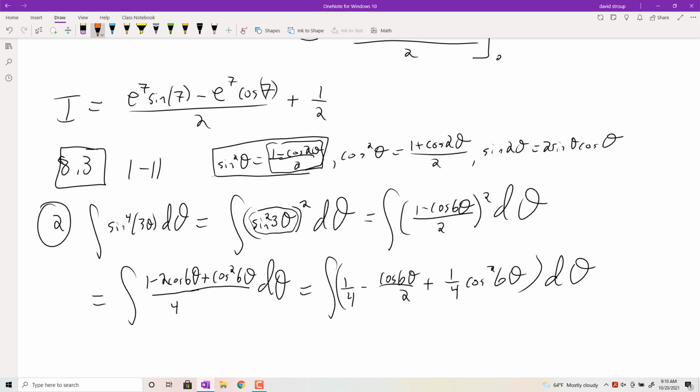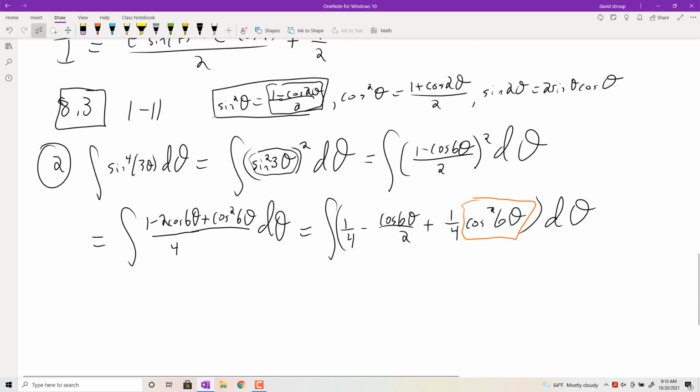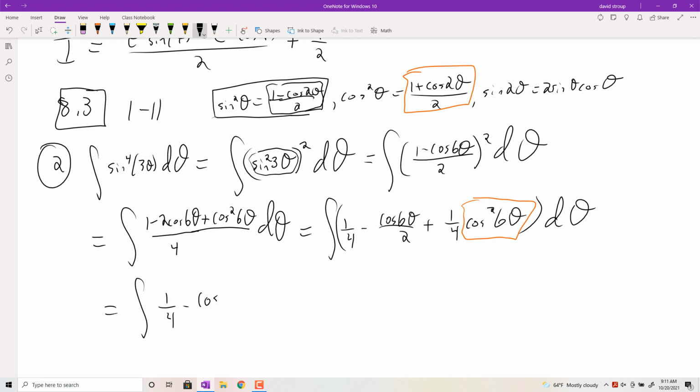Again, I'm going to do a power reduction formula on this one. So this time I need to replace it using this one. So I'll have the integral of 1/4 minus cosine of 6 theta all over 2 plus 1/4 times 1 plus cosine of 12 theta all over 2 d theta.